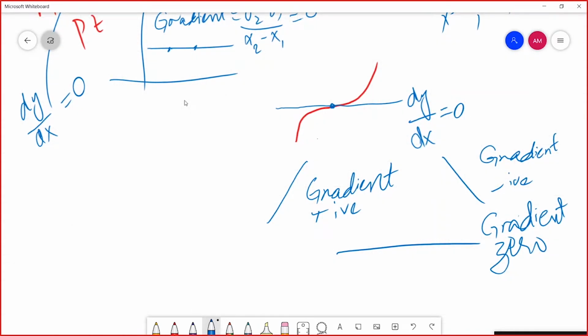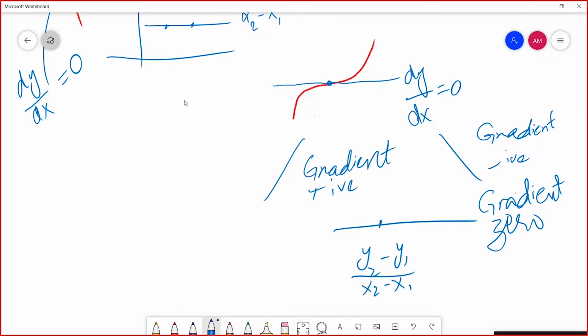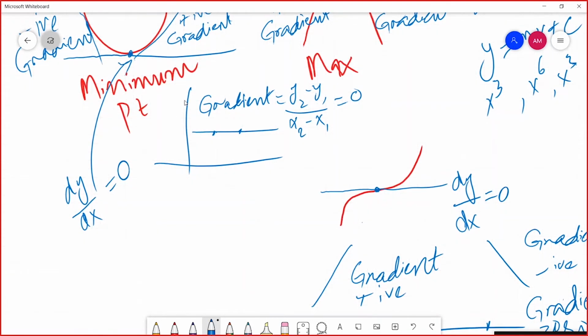It is 0. Why? y2 minus y1 over x2 minus x1. If you see, there are 2 points here and here. As I showed here, this may be, for example, 5, this may be 7, and this may be 8. So y2 and y1 are in this example.